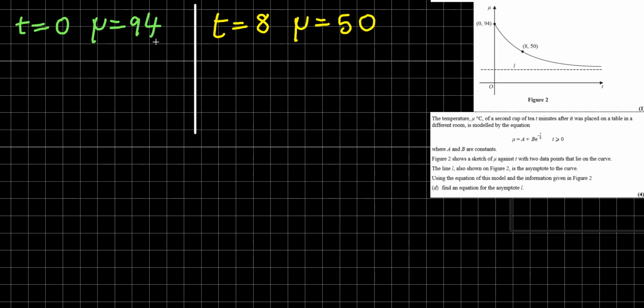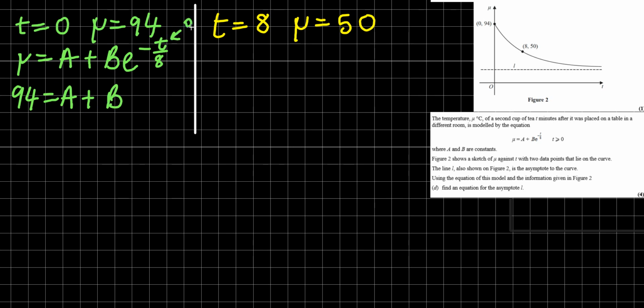So the first part, the equation is mu equals A plus B e to the power of minus t over 8. So we have mu is 94 equals A plus B. If t is 0 here, that makes it e to the power of 0, which is just 1, so we would just have 1B on that side.